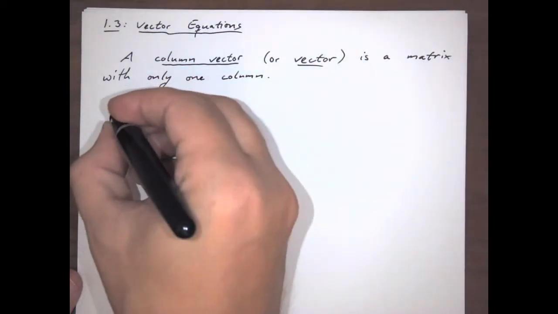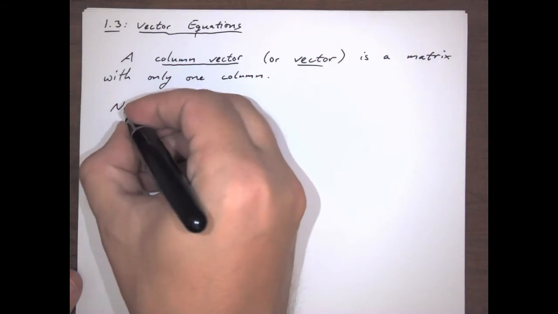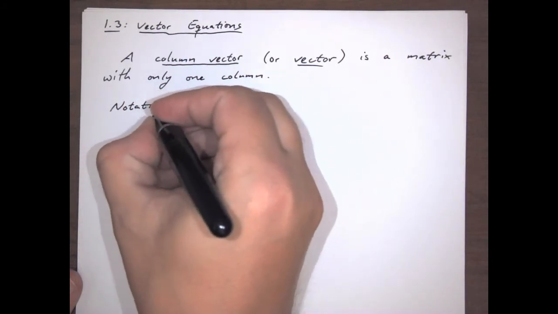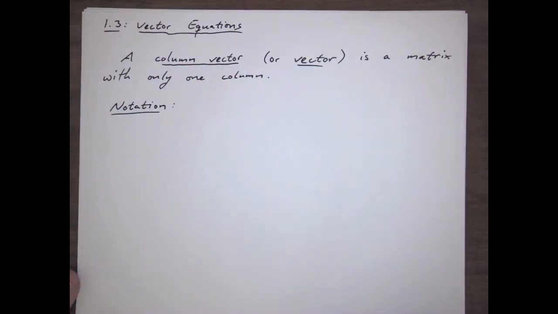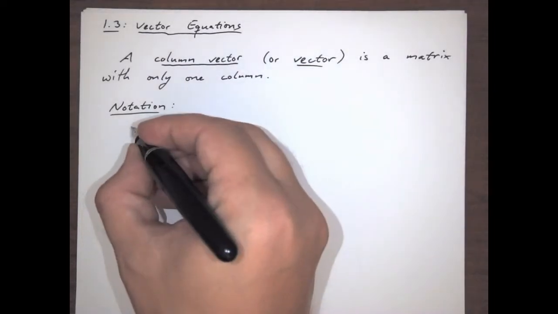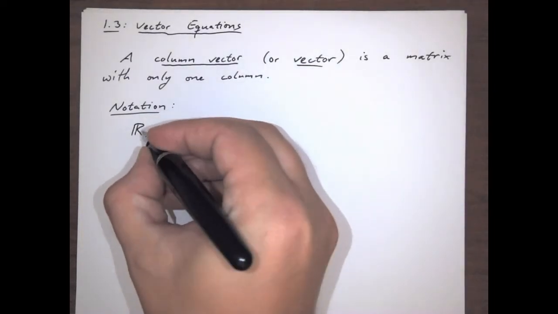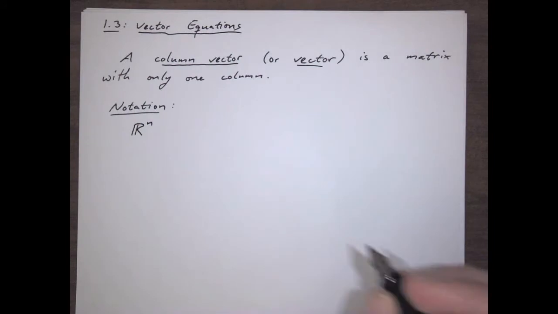So then the notation here. This is the notation that we'll use in this class. There are other kinds of notation that are commonly used in other contexts, but let me just say how we're going to be writing these things. So first off, Rn.